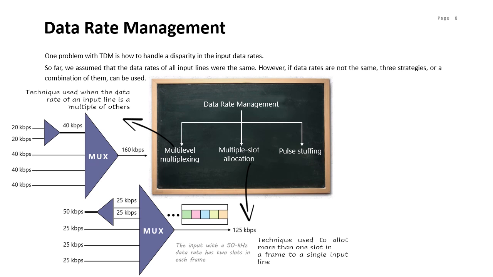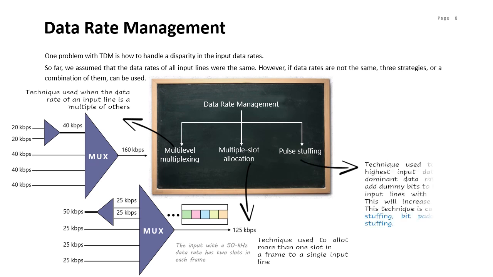Sometimes the bit rates of sources are not integer multiples of each other. Therefore, neither of the 2 techniques mentioned just now can be applied. One solution is to make the highest input data rate the dominant data rate and then add dummy bits to the input lines with lower rates. This will increase their rates.